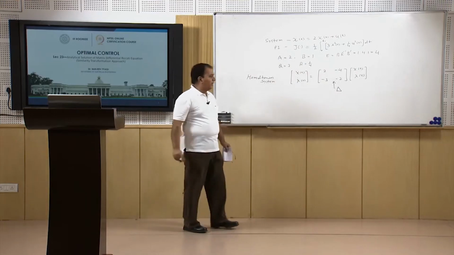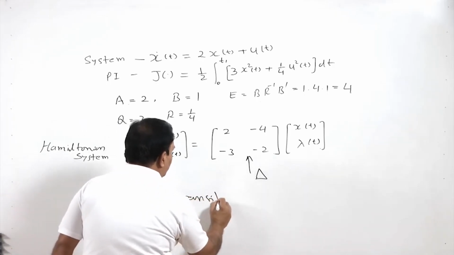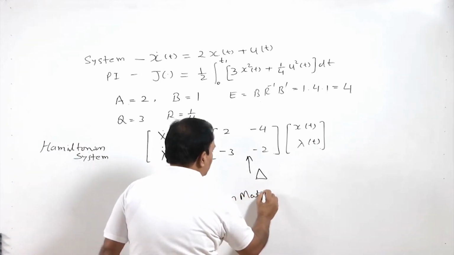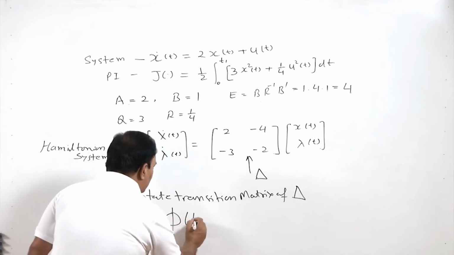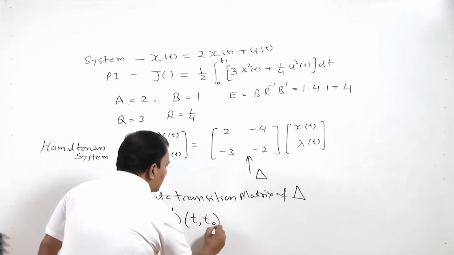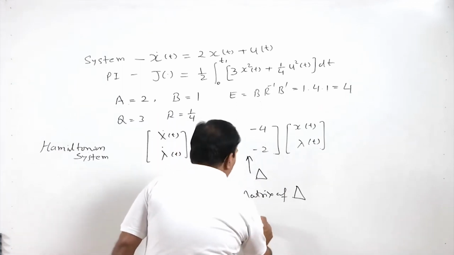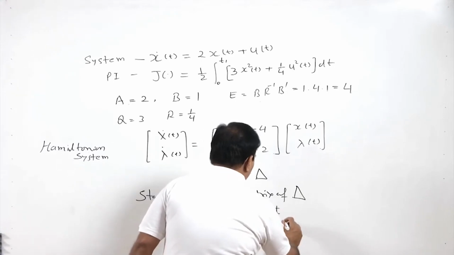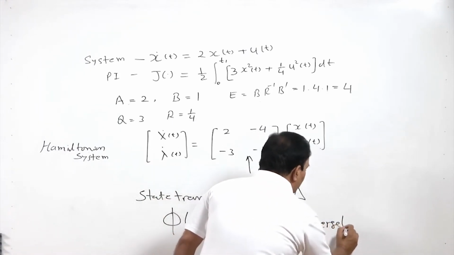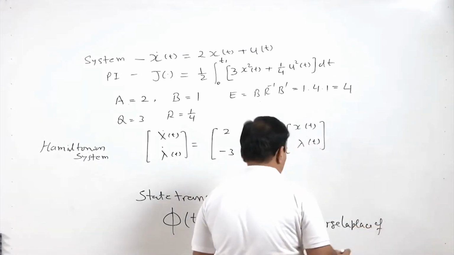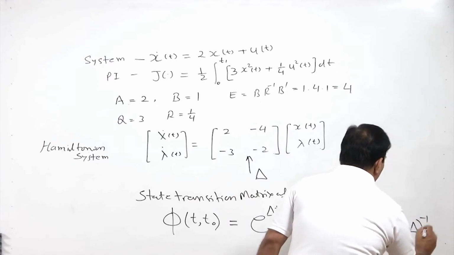For this Hamiltonian matrix delta, we have to find out the state transition matrix. The state transition matrix of delta we represent as phi(t, t0), which is nothing but e to the power delta t, and we can write it as the inverse Laplace of (SI minus delta) inverse.